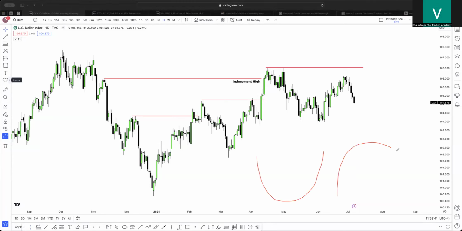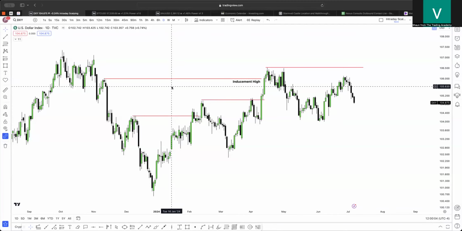When you start breaking the left side, you are relatively creating a new high. When you start breaking the left side, you're relatively creating a new low, like so. When you are relatively making a new swing point, that confirms liquidity.